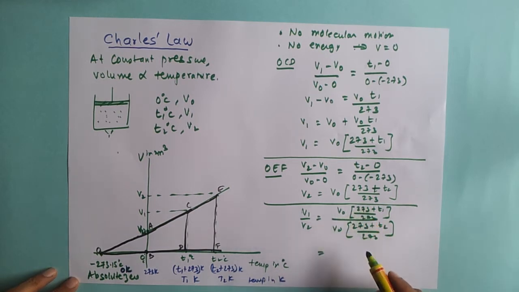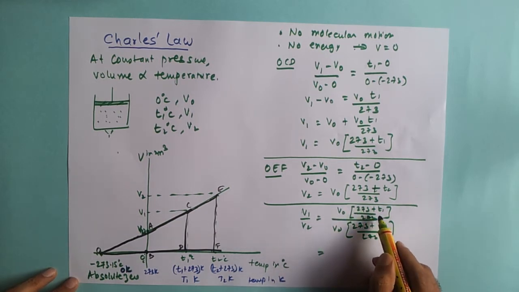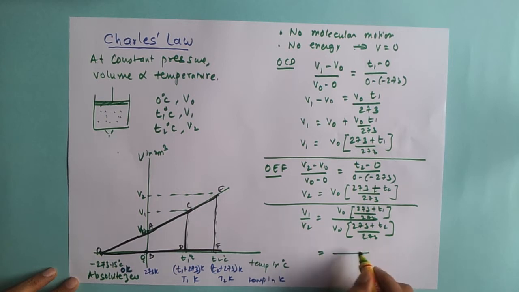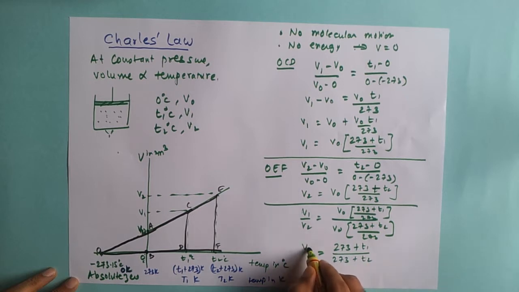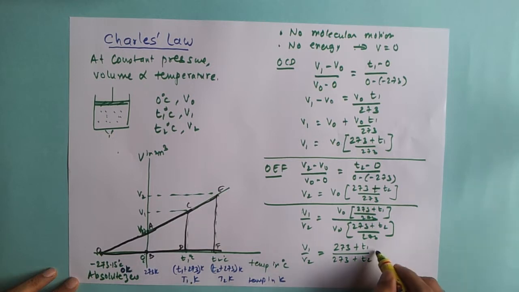And doing a little bit of math over here, V0 cancels, 273 cancels, so I'll get 273 plus T1 upon 273 plus T2 for V1 upon V2. And what is 273 plus T1? 273 plus T1 is temperature T1 in terms of Kelvin. This small t1 is in degrees Celsius. If I convert it into Kelvin scale, this will be T1 upon T2. And therefore, V1 upon V2 is equal to T1 upon T2.